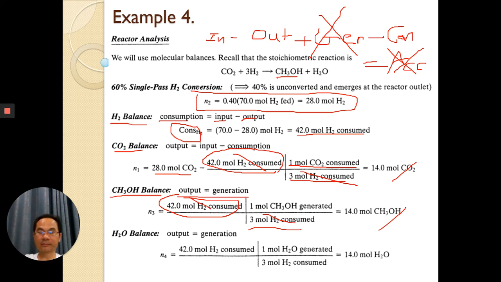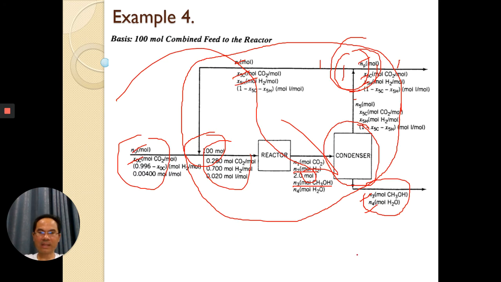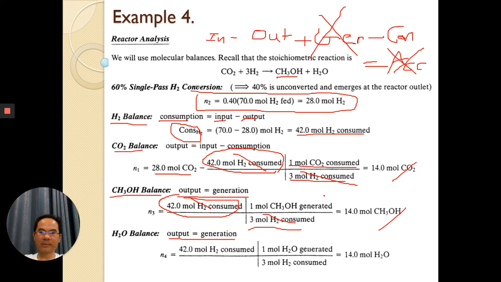The next balance is on water. Water is also a product, and there is no water in the feed. There is no accumulation and no consumption, so output equals generation for water. The output water is denoted N4.